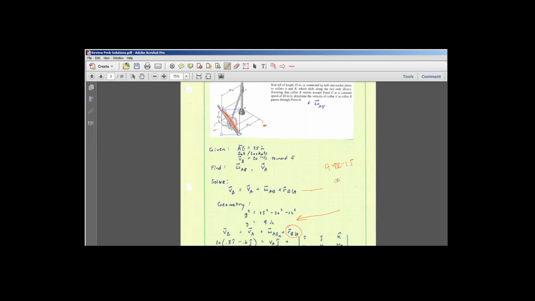So you have 9 over 15 is the component that's going in the Y direction, and then 12 over 15 is how it's going in the X direction. Yeah, how come it's not just 9 in the Y and 12 in the X?